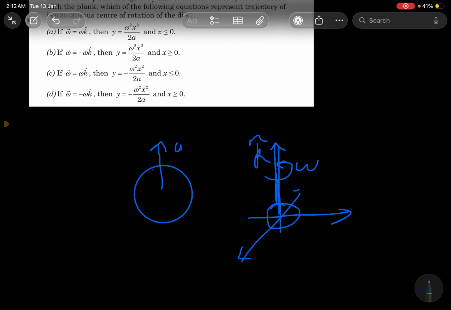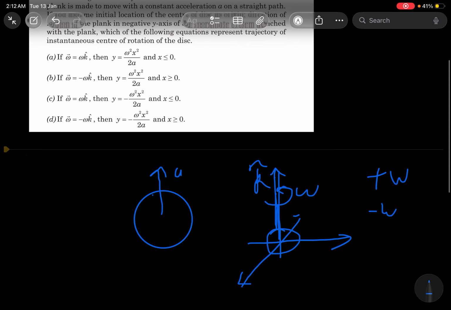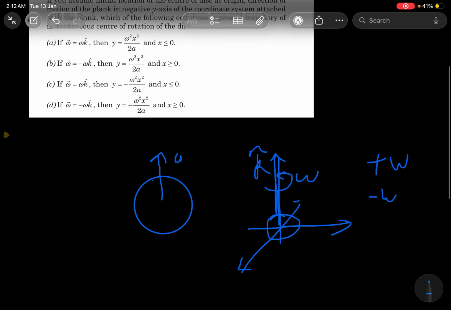Now anti-clockwise is positive conventionally, and clockwise is negative, right? So if we are saying omega equals omega k, and where omega is positive, then we are going to take it as the disk rotating in the anti-clockwise direction, and if we take negative, then that is the clockwise direction.